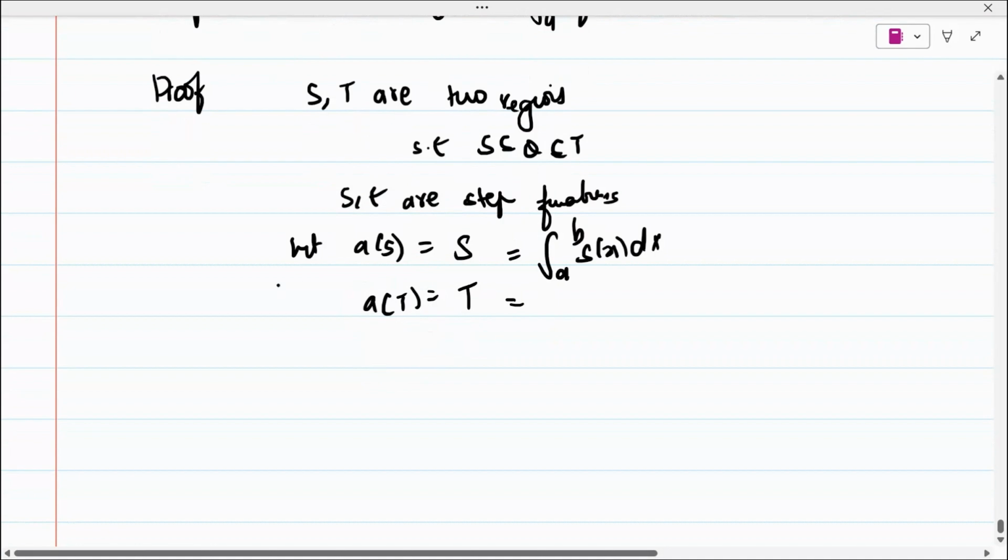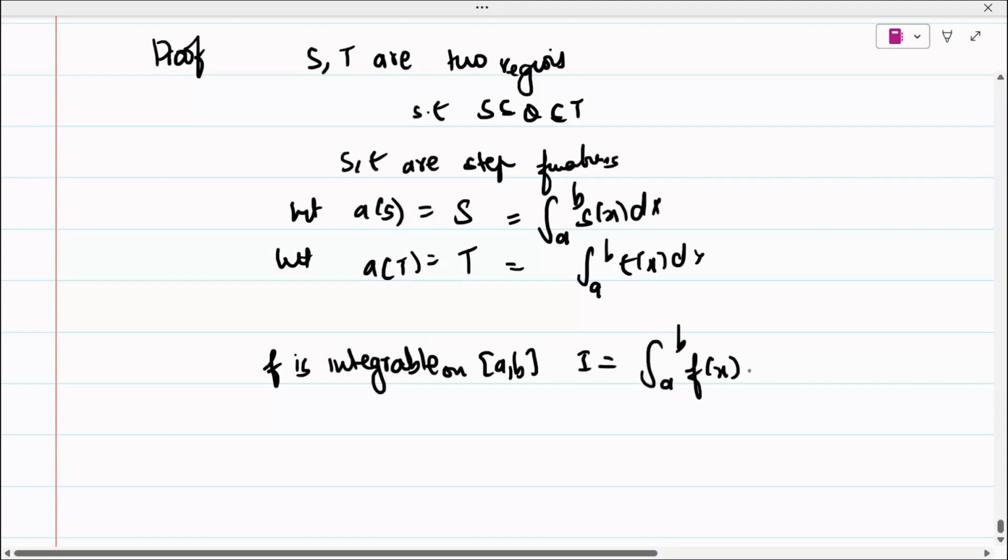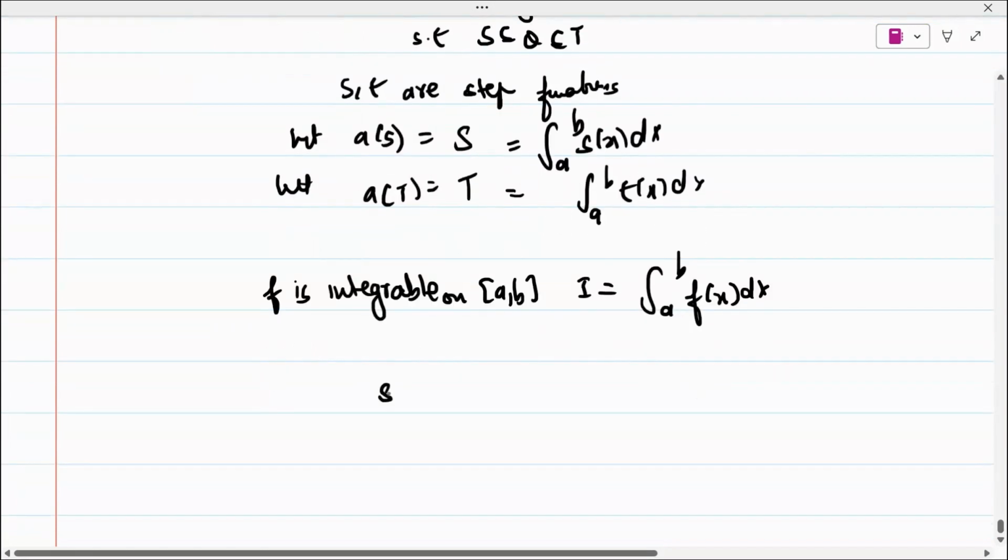So let us proceed. Now we know that this is integrable on the interval, but we have chosen it such that the integral is the same.